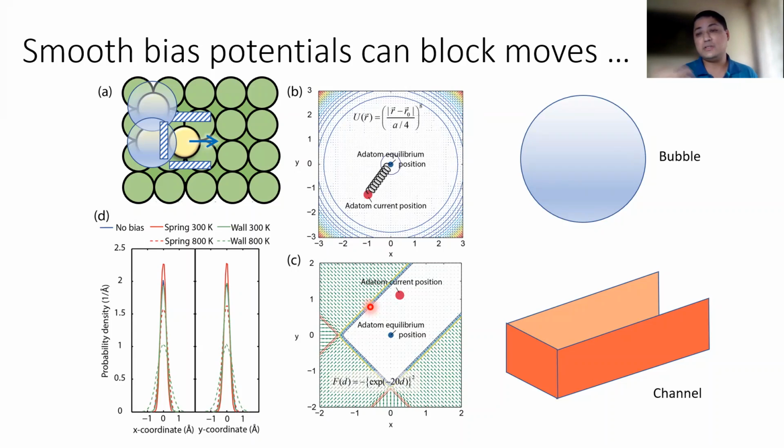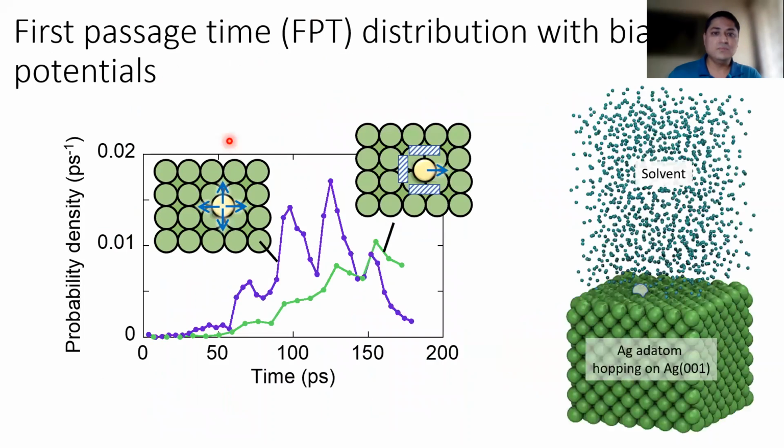So the potentials are chosen in a way that we can still use reasonable MD time steps while blocking the movement of these atoms. So by using three walls, for example, one can form a channel for the atom to move in the direction of the blue arrow.